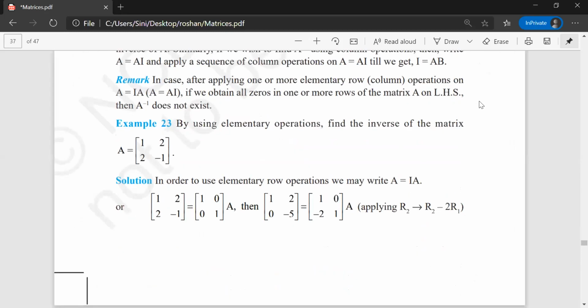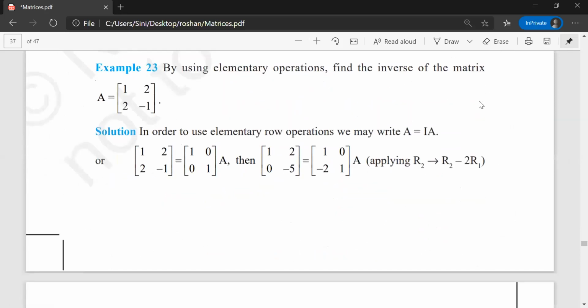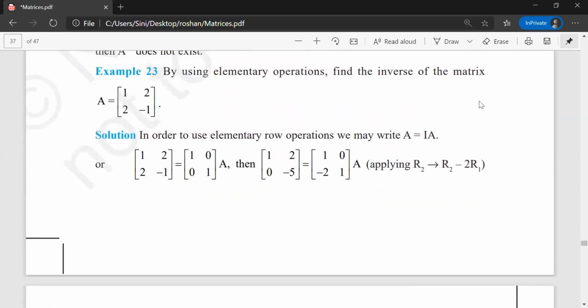We got one problem finally. Elementary transformation, find inverse. A inverse we have to find.